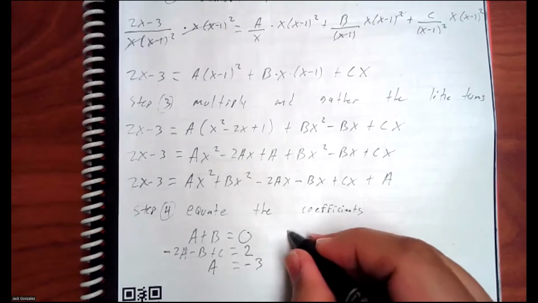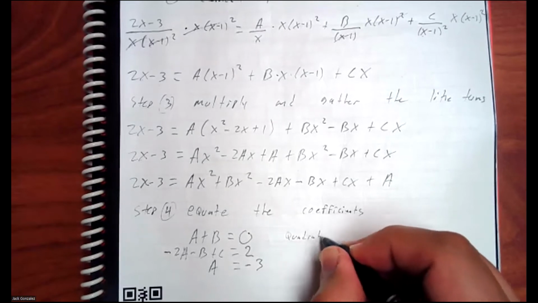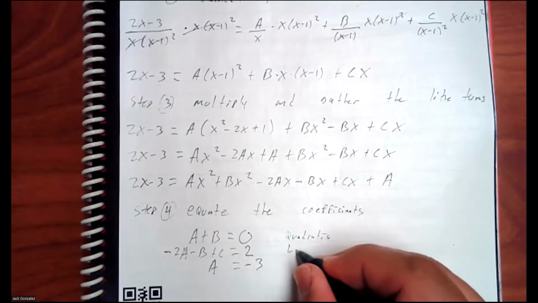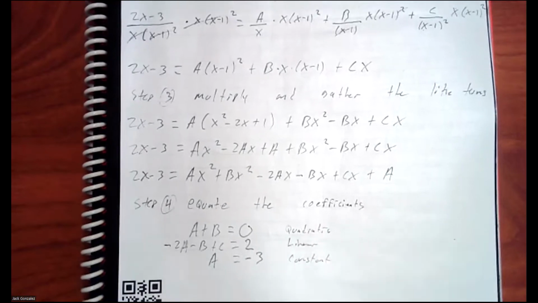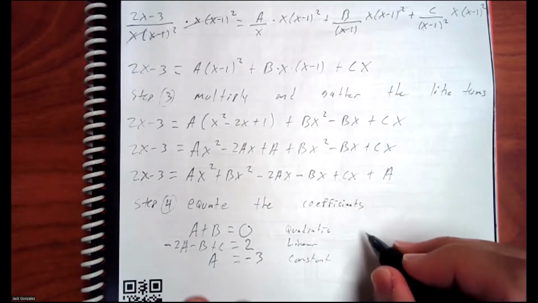This is basically like the quadratic coefficients, linear, constant. You can actually factor to see it a little bit better. This will have enough space.